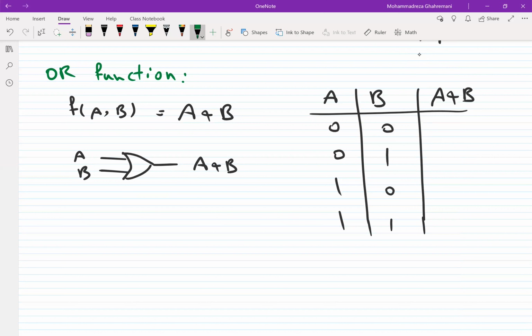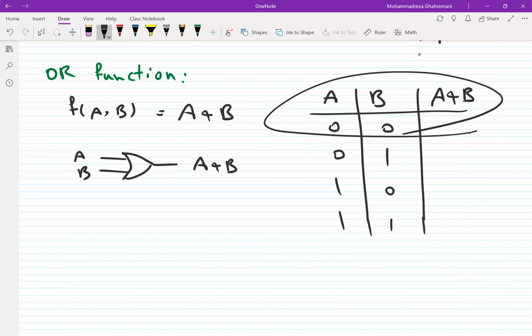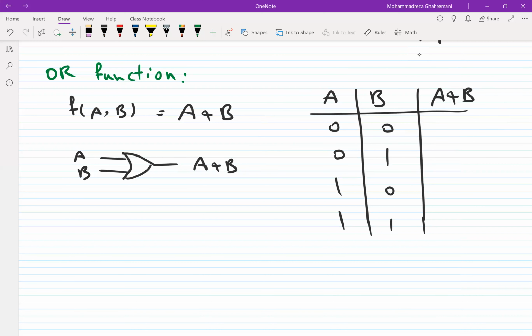The output is equal to 0 if all inputs are equal to 0. So the only time that the output is equal to 0 is when all the inputs are equal to 0. The output is 1 if at least one input is equal to 1. So for the first combination, because both inputs are 0, the output is 0. For the other combinations, because at least one of the inputs is equal to 1, the output is equal to 1.